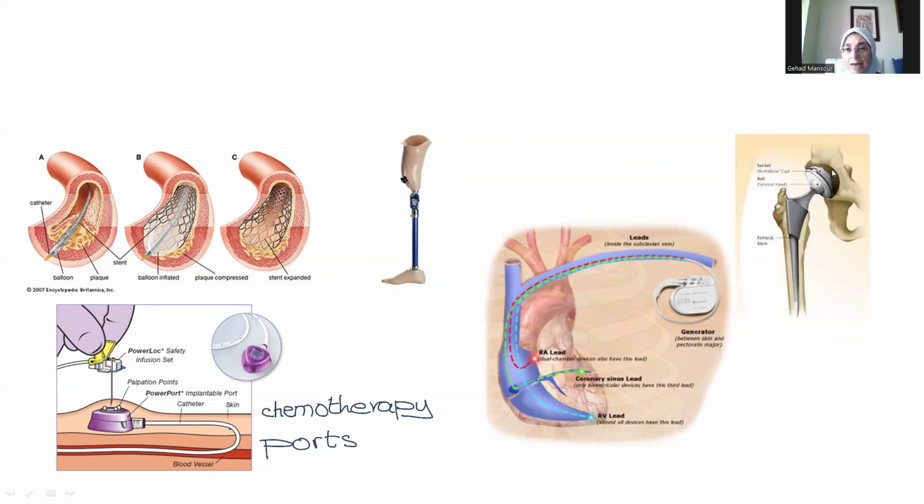Usually it is a metallic hip joint made of non-reactive metal, meaning that this metal will not be oxidized and rusted like iron inside the human body. That's why those metallic things are very expensive, because they are made of non-reactive metals.